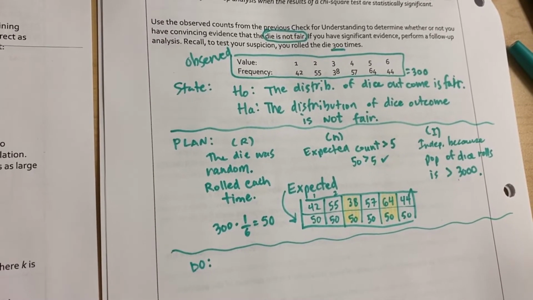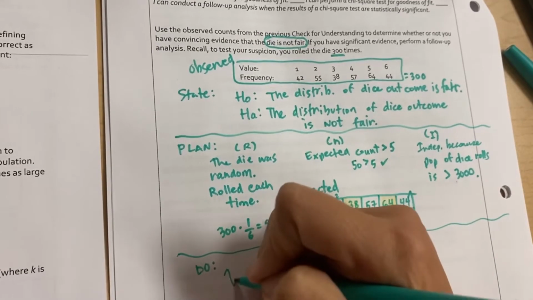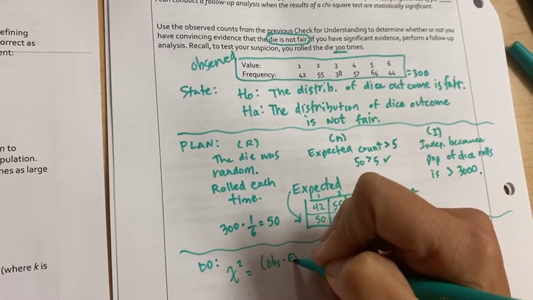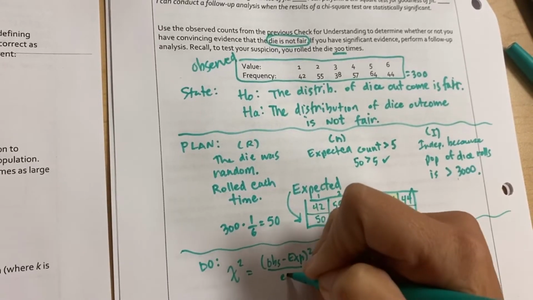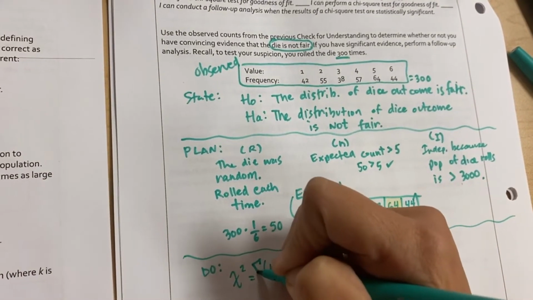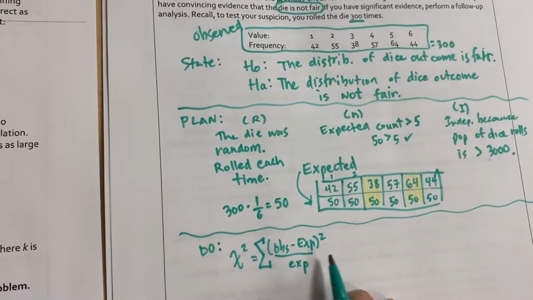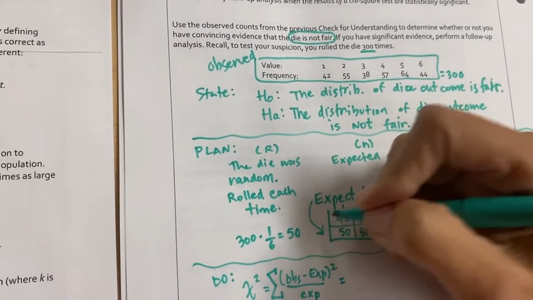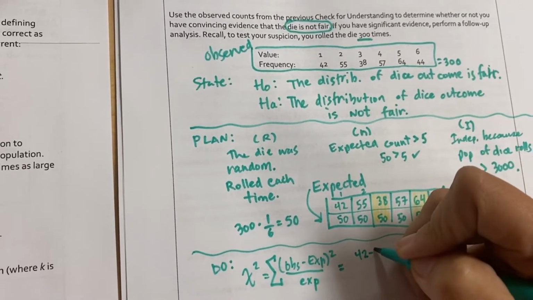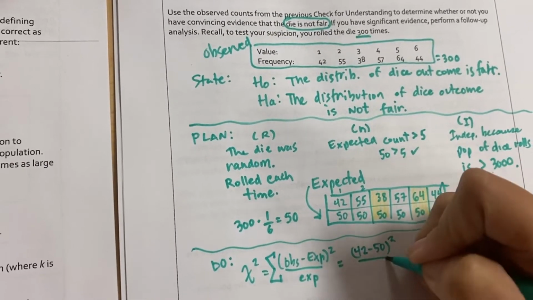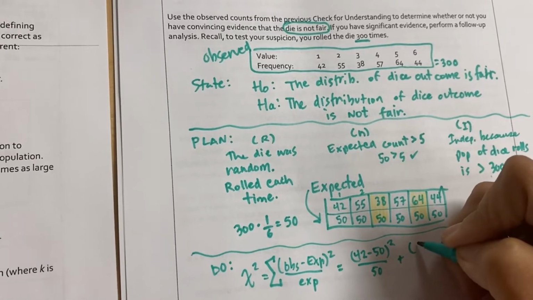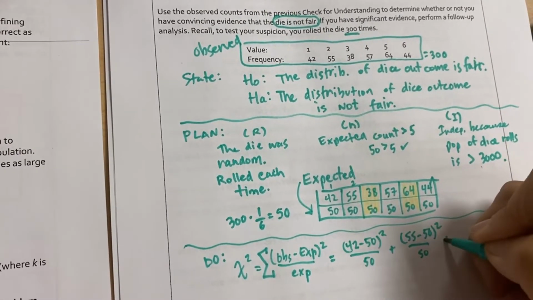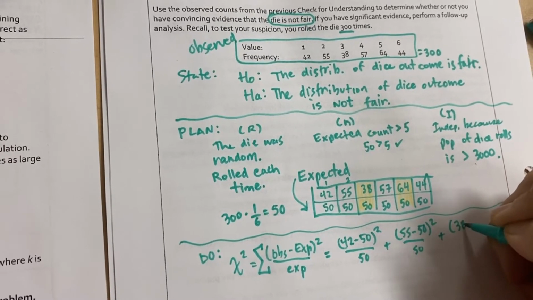We can do this in our calculator, or we can do it by hand. So we have our formula: observed minus expected, squared over expected. And remember, we have to add them all up, so that's a summation symbol.